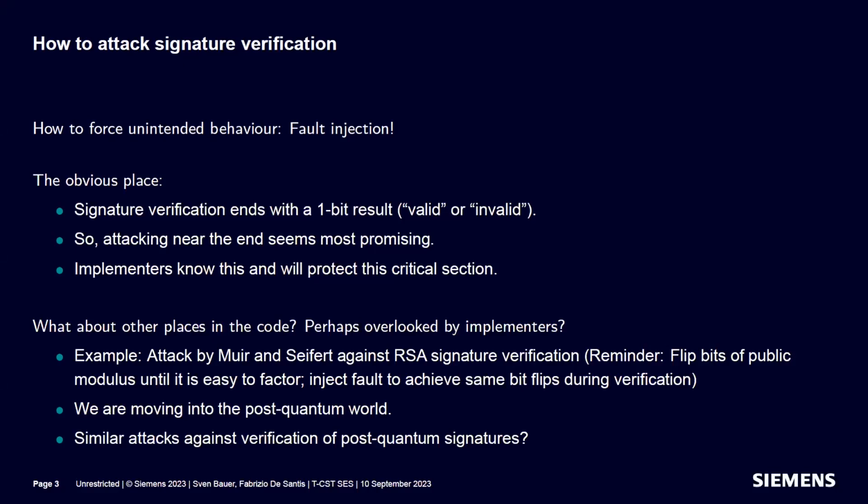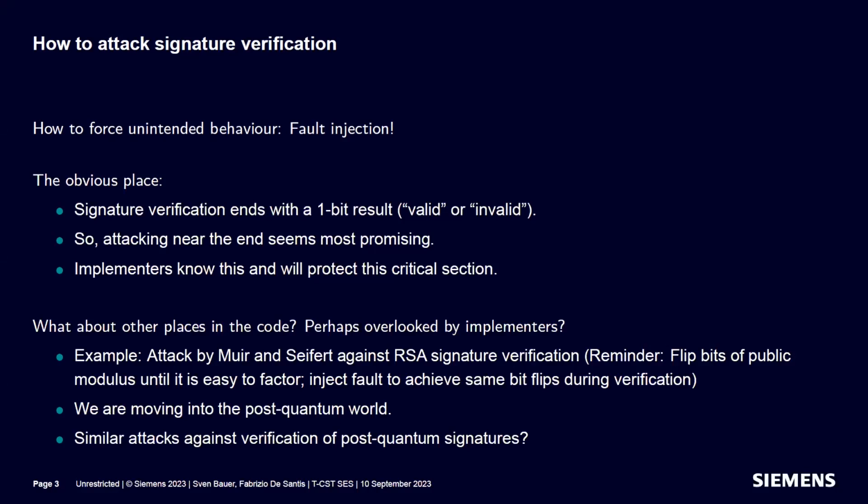Now, of course, this is not a valid signature anymore to the original public key, but never mind, you just send that to the device with your malicious software. And as the device tries to verify that signature, you induce a fault that will flip exactly those bits in the modulus. So you trick the device into using your incorrect RSA key.